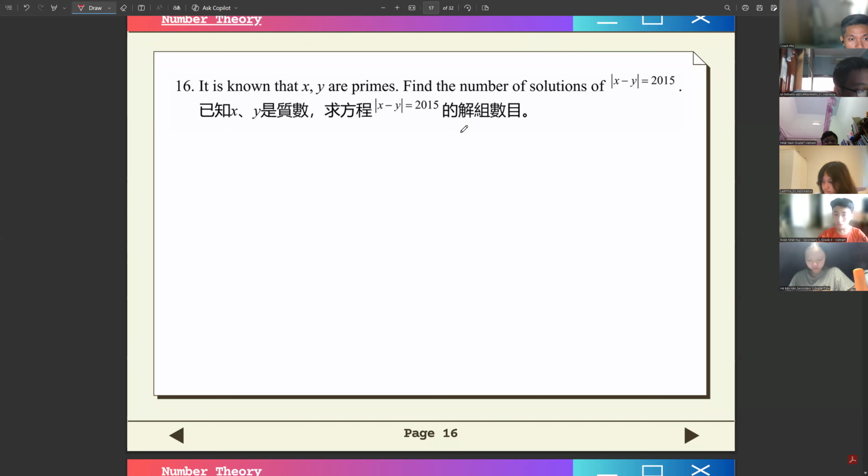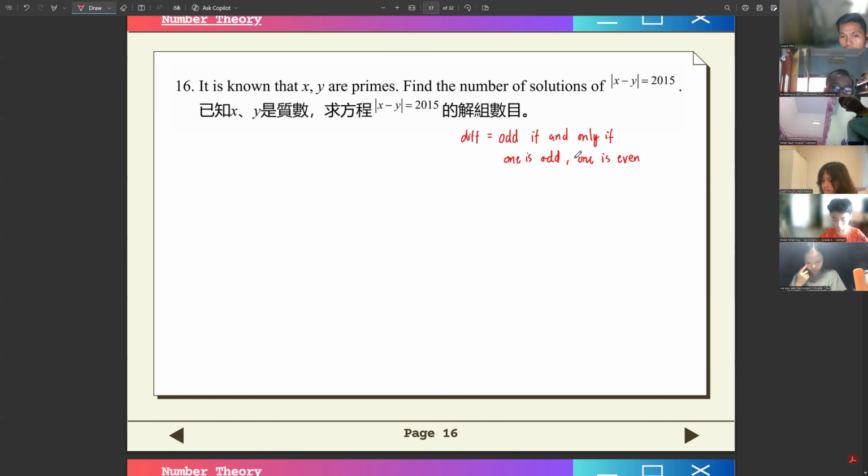when we want the difference between two numbers to be odd, it happens if and only if one is odd and one is even. Because if you have odd minus odd, your answer would be even. If you have even minus even, your answer would also be even.